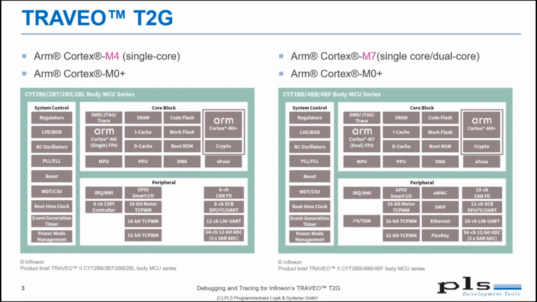The family of the TRAVEO II is divided into main application domains. So there are addressed two main application domains in the automotive. On one side, there are body electronics, and on the other side, there are instrument clusters.